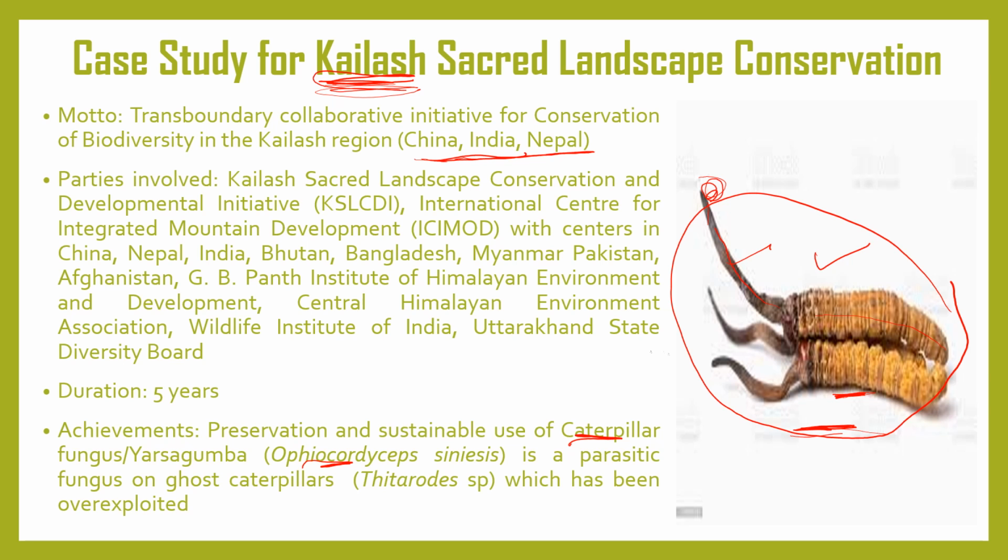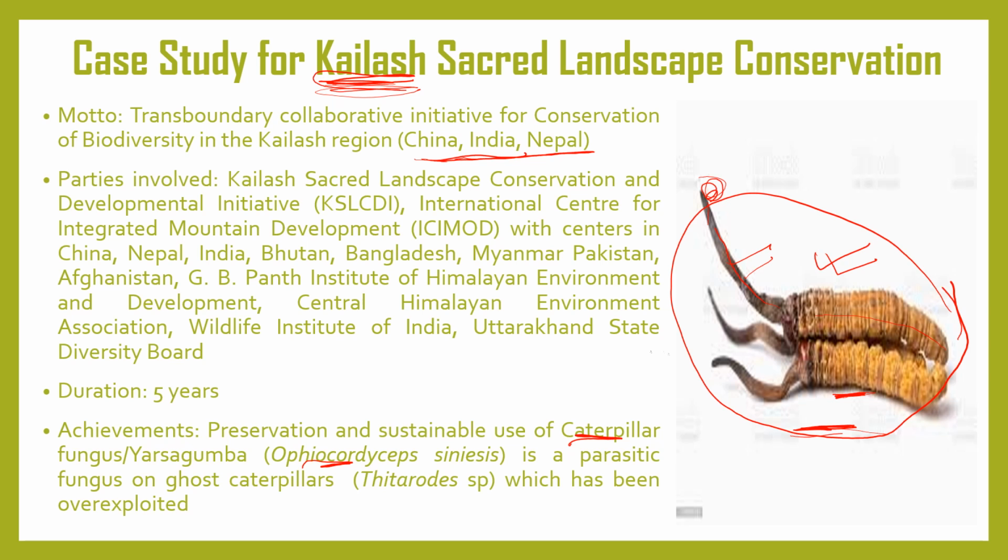Because of the medicinal property, this caterpillar fungus has become very much over exploited. It is over harvested, and when it is over harvested, it gets endangered. But it is of medicinal use. So as time goes on, they are getting endangered, and in order to protect this caterpillar fungus, measures have been taken.